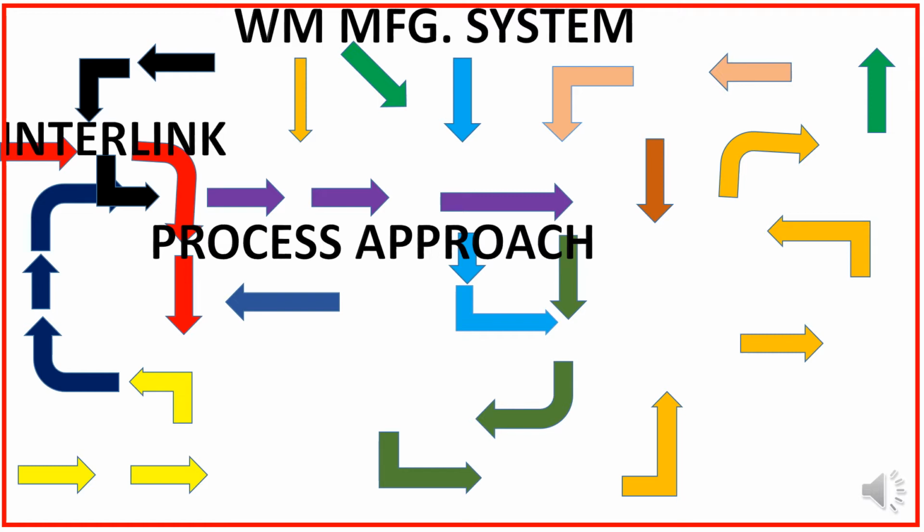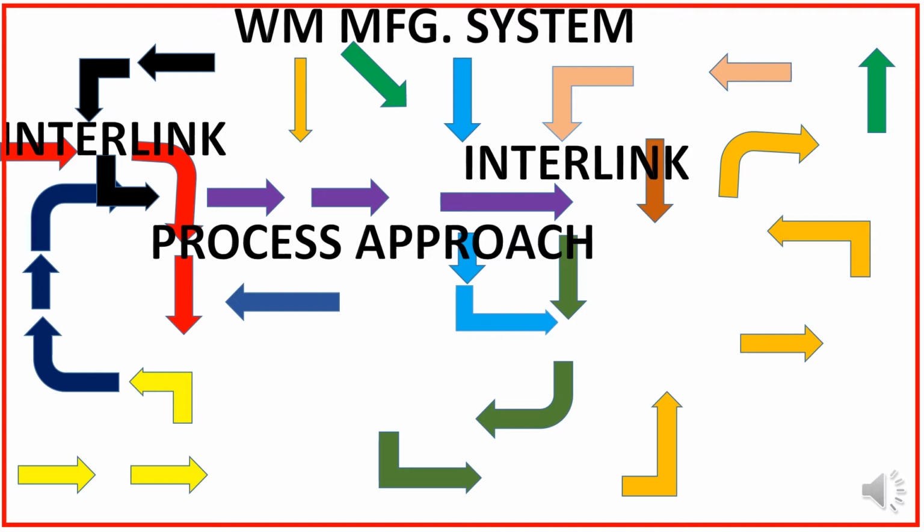We can see the interlink here where the black color process is getting interlinked with the red color process. Again here the purple color process is getting interlinked with the orange color process. This is very important because in the main process we are feeding small processes to give their output, that is subparts, as input. We will see it in further slides.